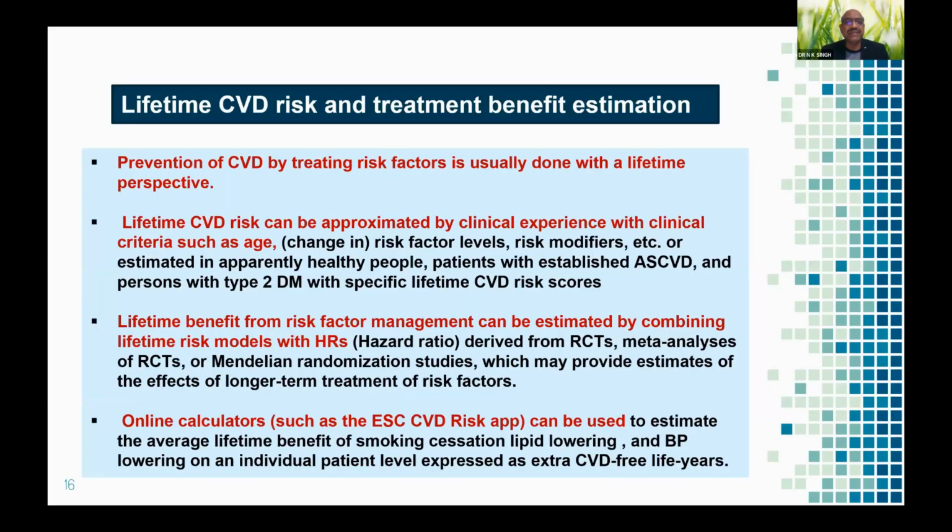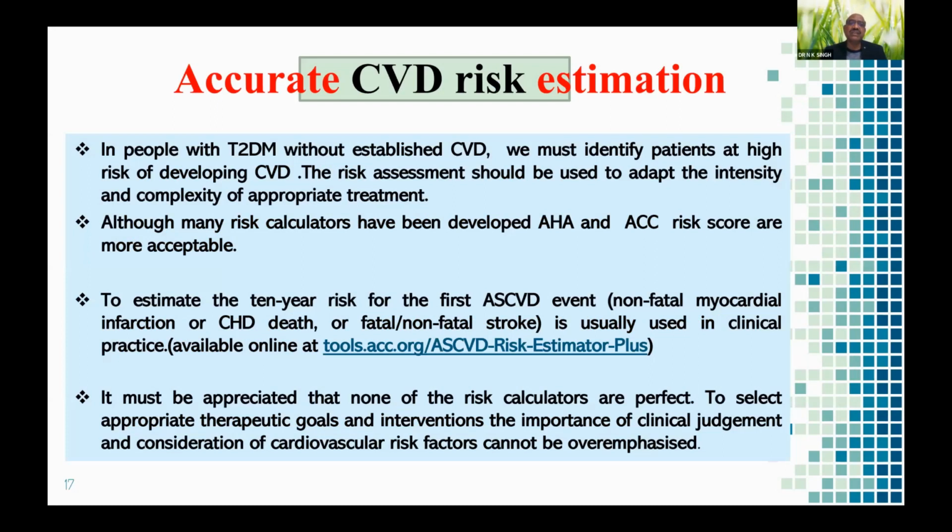Then the lifetime CVD risk and treatment benefit estimation may be needed. Accurate CVD risk estimation is not a joke, but I will say it is not a very difficult task. You can estimate the 10-year risk for the first atherosclerotic cardiovascular disease event, like non-fatal myocardial infarction, CHD, or death.